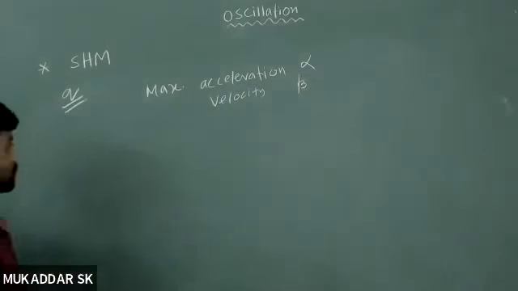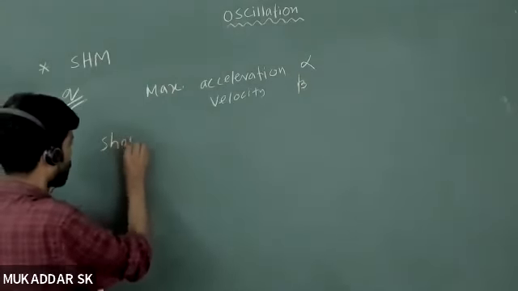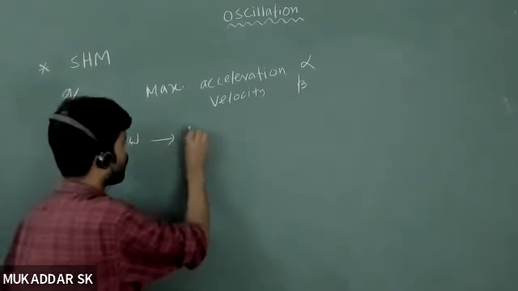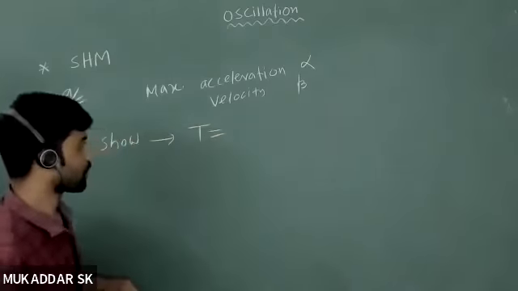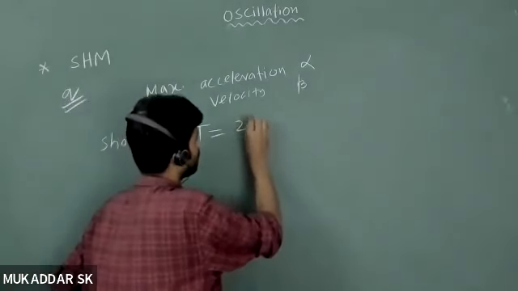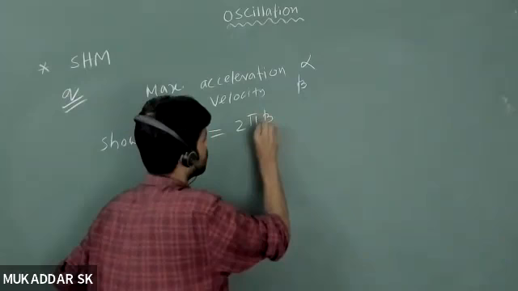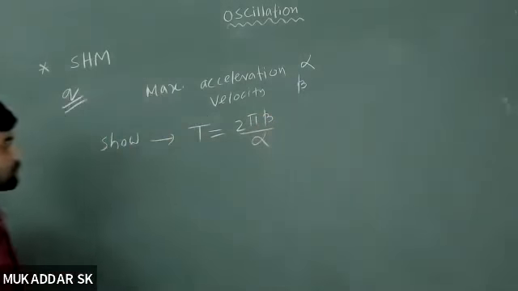You have to show that the time period of oscillation will be 2 pi beta by alpha.